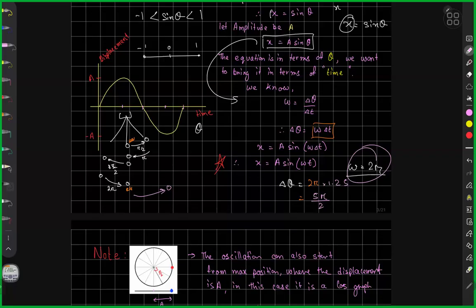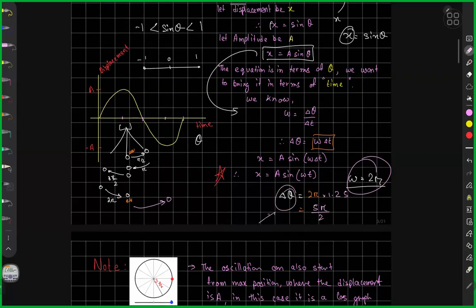If I tell you after 2 seconds for this bob, can you tell me what the displacement of the bob is from equilibrium? Do you think you can? No? Well, for one thing, you can at least find the theta.